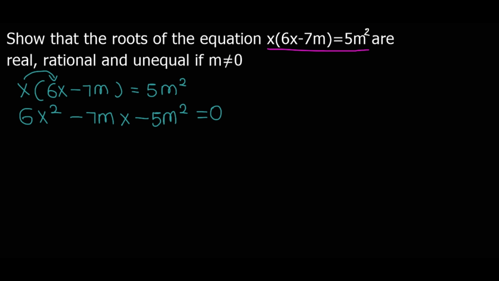And then from there, what is important is to see the value of a is 6, and the value of b is minus 7, and the value of c is minus 5m squared.